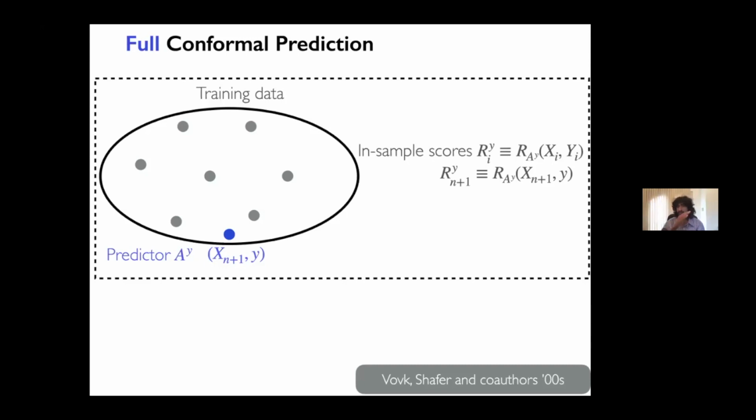And so I'm going to call them R_i^y, which is just, for example, y_i minus A^y of x_i, like as we did before, but it could be any other residual function you can choose to define. And you have the n+1st residual also. So R_{n+1}^y is just the residual of your algorithm A^y on (x_{n+1}, little y).